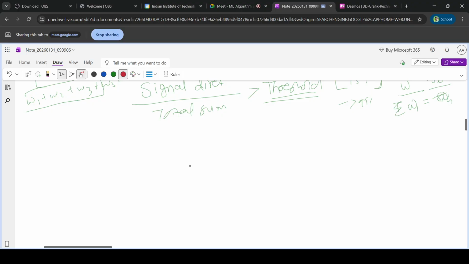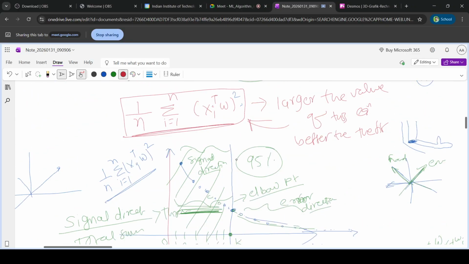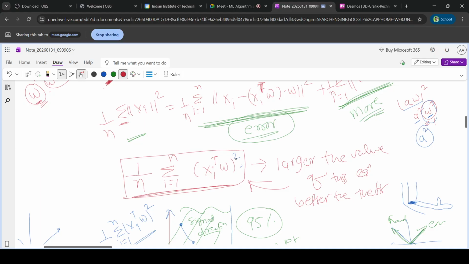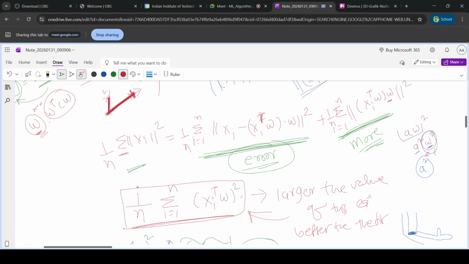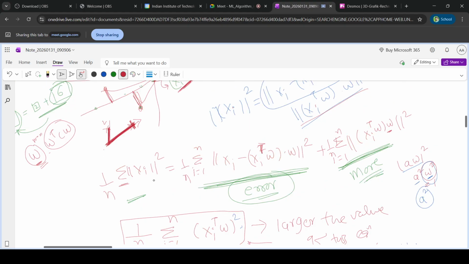Now if you see the formula of the covariance matrix, x transpose w transpose t, that is the formula of the covariance matrix.